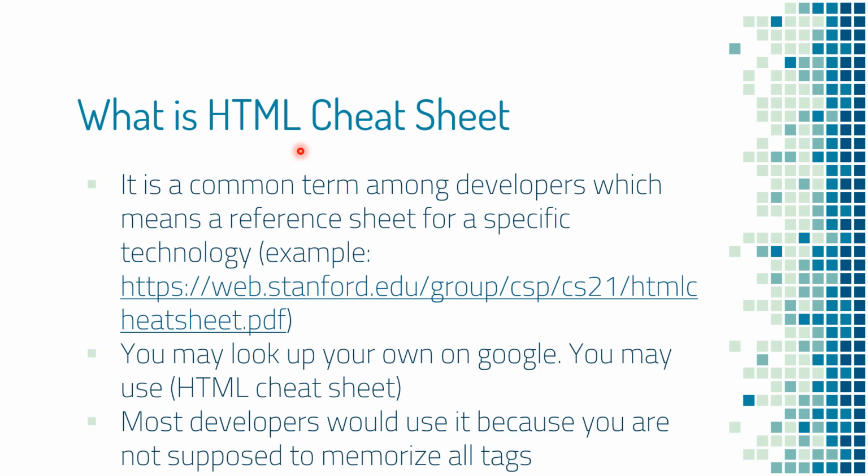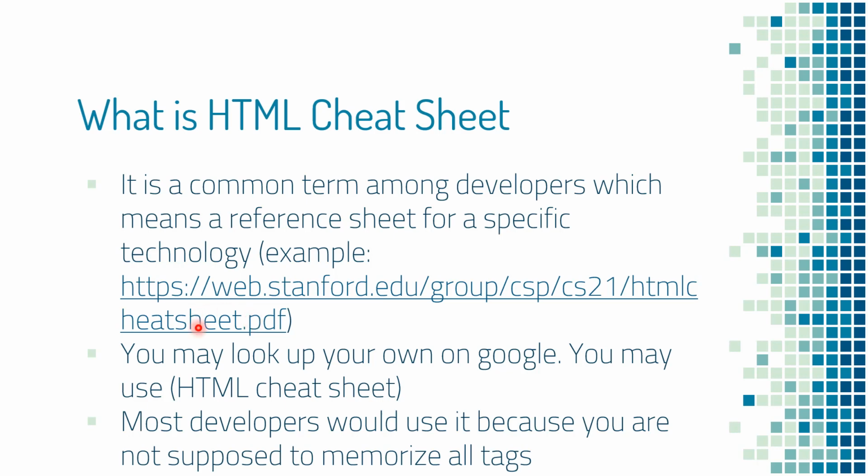Instead, you will use a reference sheet that has a list of all the tags you want to use with a simple definition or explanation of what each tag does. I included here this cheat sheet, which I personally use a lot when I want to build a web application. Instead of trying to look it up on the internet, I just go and search for the tag that I want to create, see how it works, and that's it.